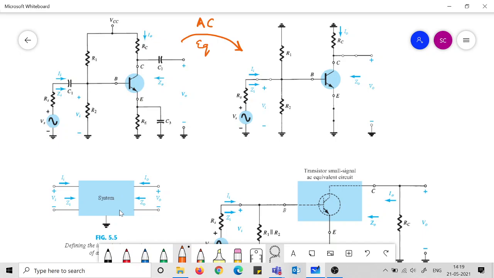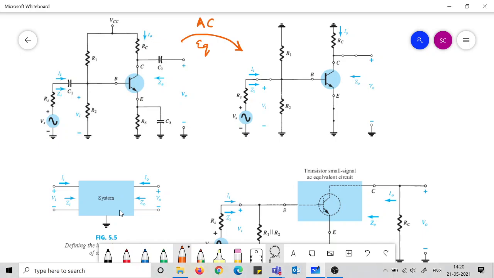Notice that this Vi is not the source voltage. Notice here in this diagram, you will see it clearly. This Vi is not the source voltage, it is the voltage at the input port. Here the input port is formed by this terminal and the ground. This terminal is grounded. So Vi is the input voltage, the voltage at the input port.